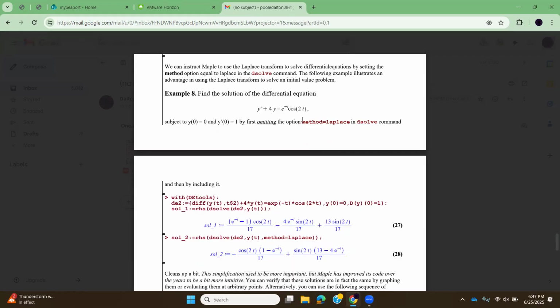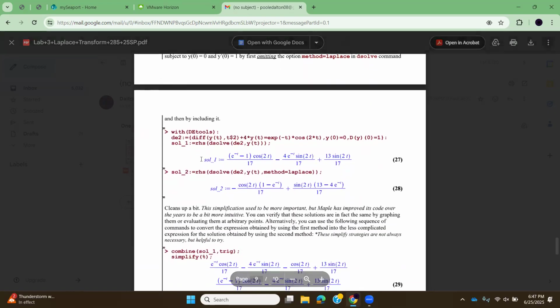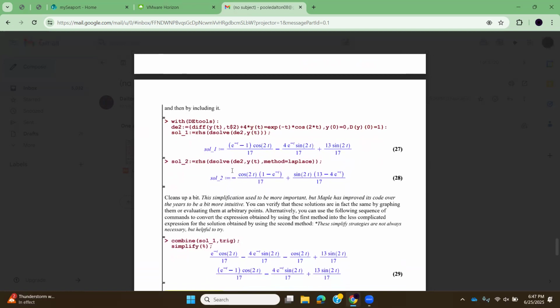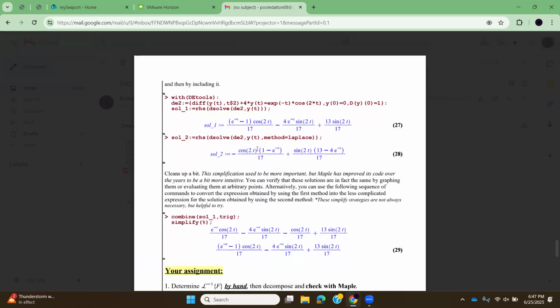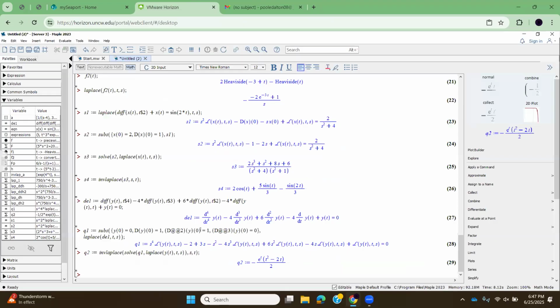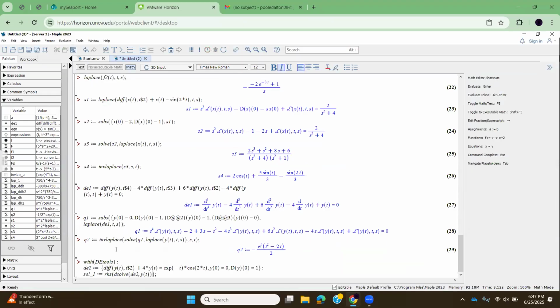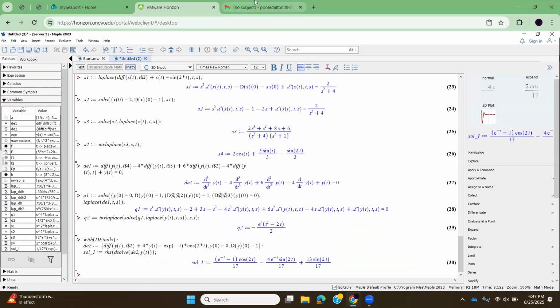So omitting the option method equals Laplace, you would say with DEtools, then this gives you the first solution, and then it's showing that you can do it again using Laplace, and it'll clean it up, right? So this is how we were doing it last time, just straight up IVP using Maple's syntax. Boom.